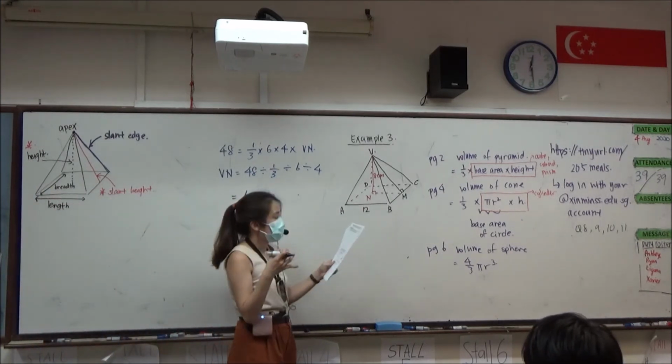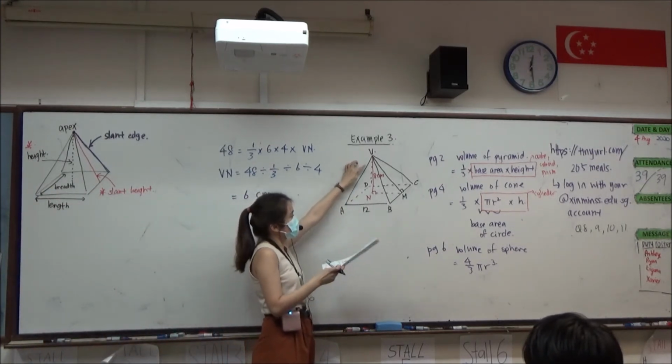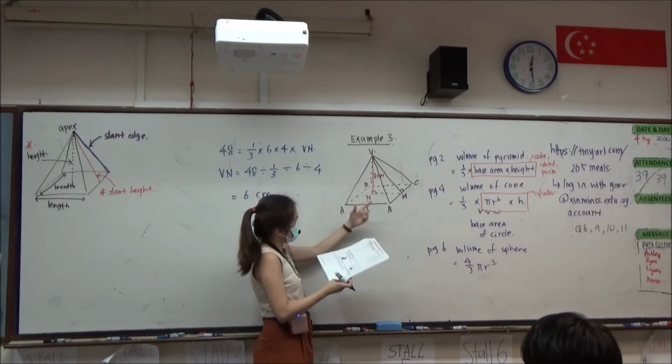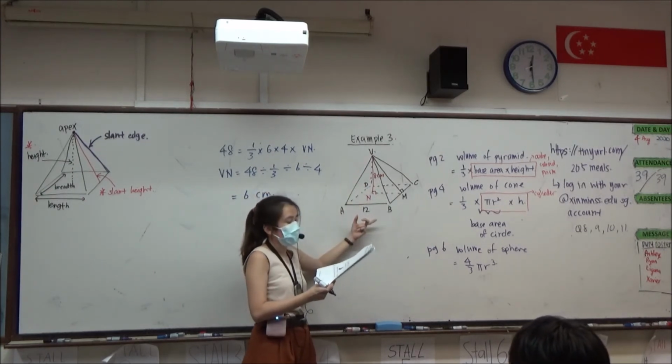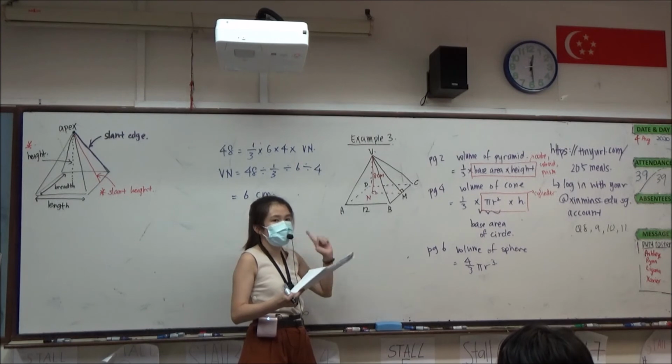In this question, they gave you the height VN is 8 cm, the length AB is 12, and find the volume of the square pyramid.